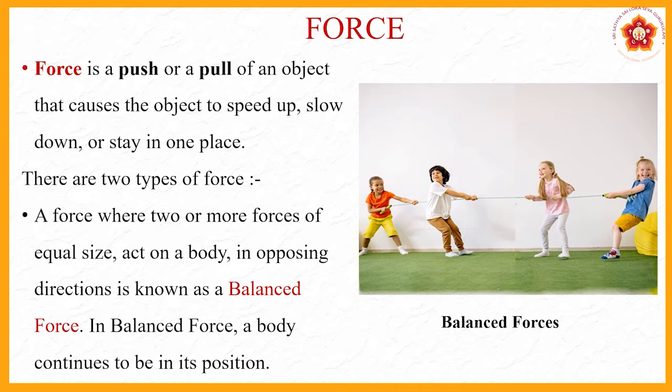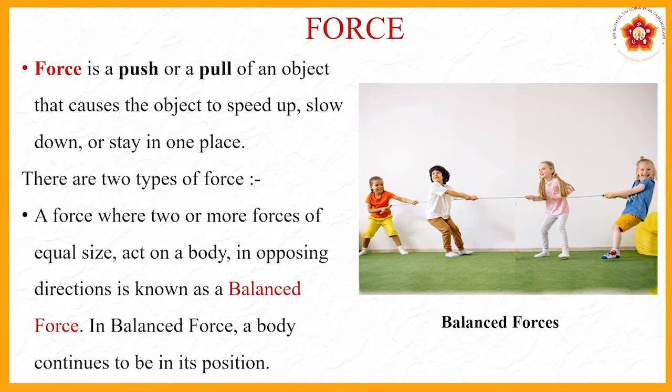See the diagram. You all will be familiar with this game called tug of war, where two teams will be pulling each other, and the team which wins will pull the other team in that direction. What the diagram depicts here is two people of equal strength pulling each other, so that rope is moving nowhere.